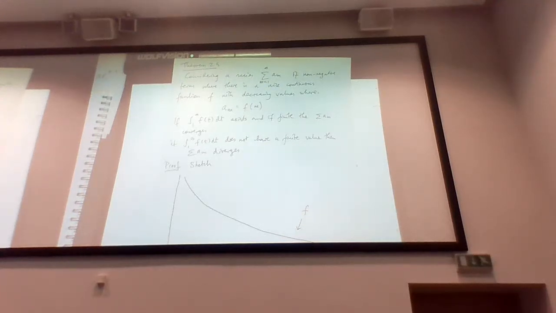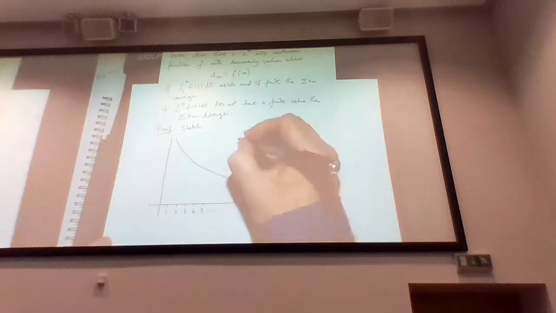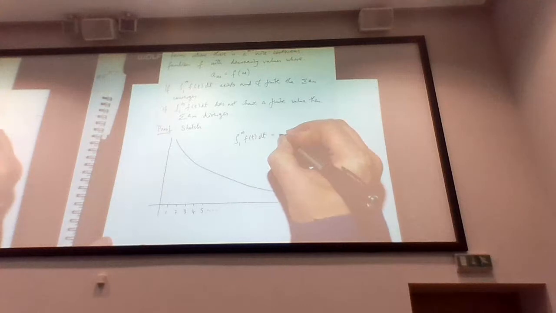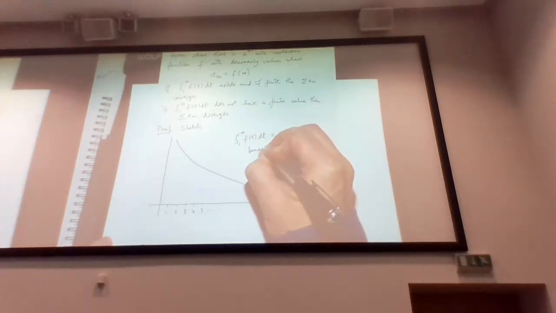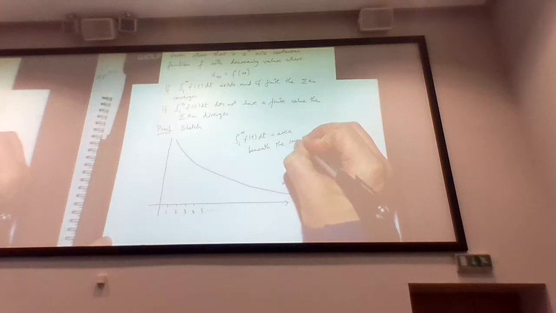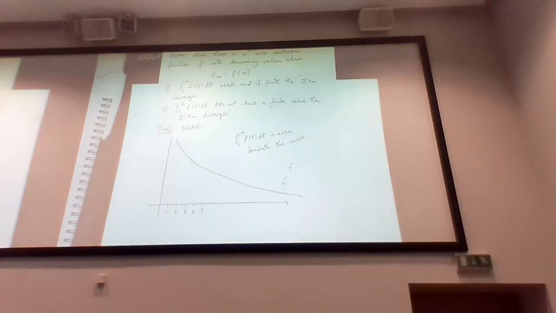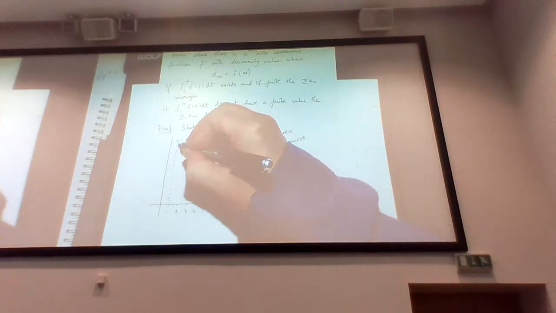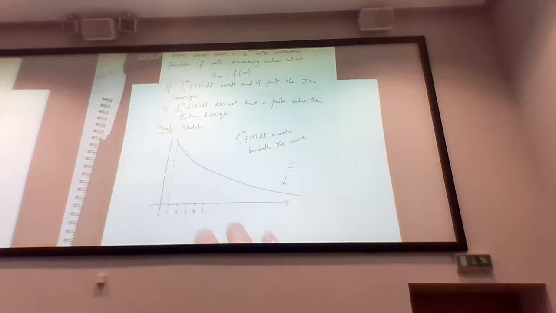These are our values of n, 1, 2, 3, 4, 5, etc. And we're familiar with the idea that the integral from 1 to infinity of f(t) dt is equal to the area beneath the curve. The area between the x-axis and the curve, between the limits of 1 and everywhere beneath the curve. This area.